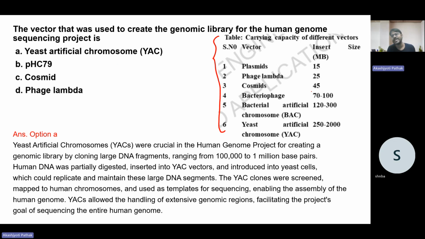We can clone inserts having 70 to 100 kilobase pairs, and for bacterial artificial chromosome, 120 to 300 kilobase pairs, and for yeast artificial chromosome, you can use 250 to 2000 kilobase pairs. All of this is times 10 to the power 3.